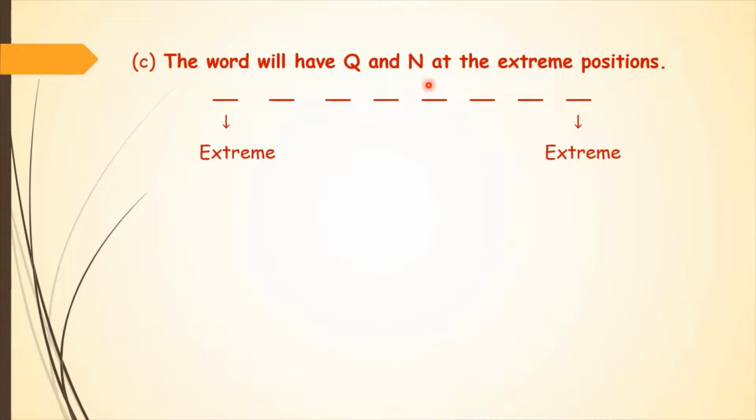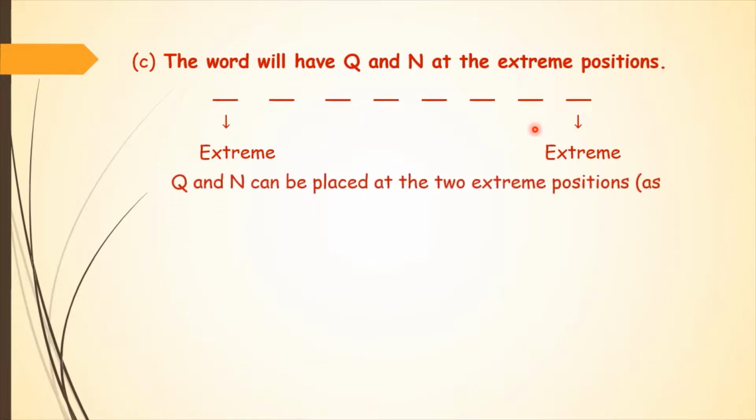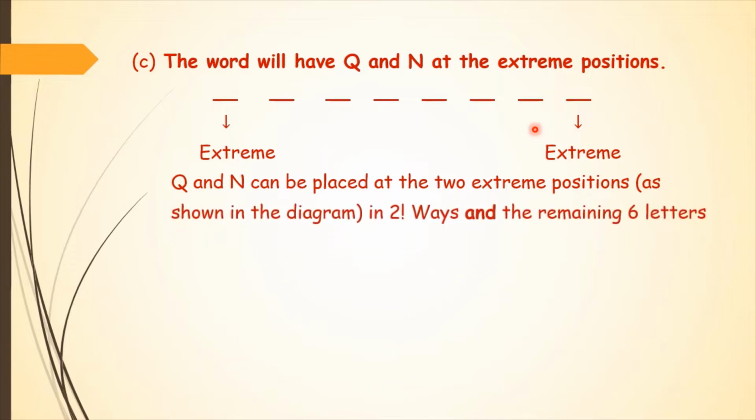Next, now after arranging these Q and N at the extreme positions, the remaining 6 letters we can arrange in between in 6 factorial ways. So we will get here the answer as Q and N can be placed at the 2 extreme positions as shown in the diagram in 2 factorial ways, and the remaining 6 letters in between in 6 factorial ways.